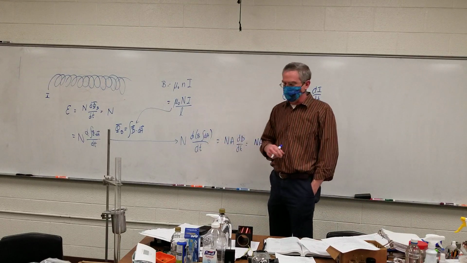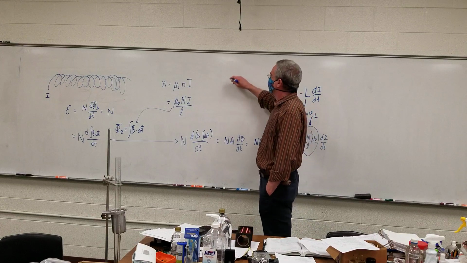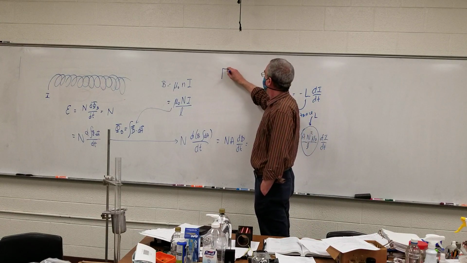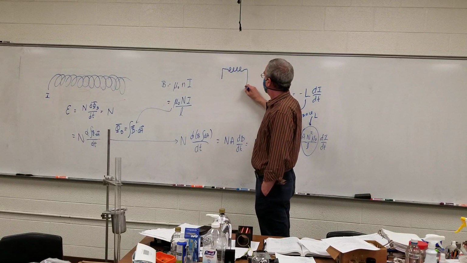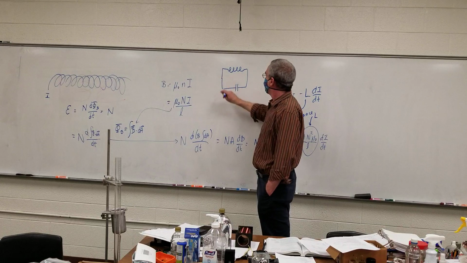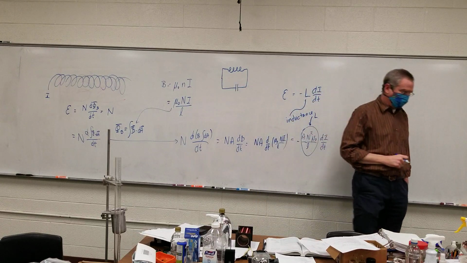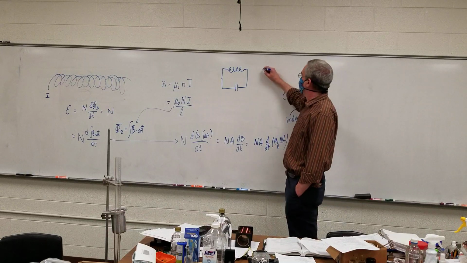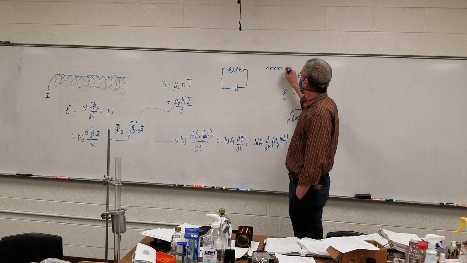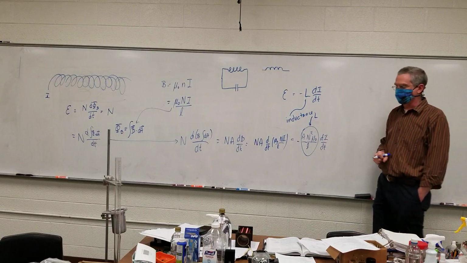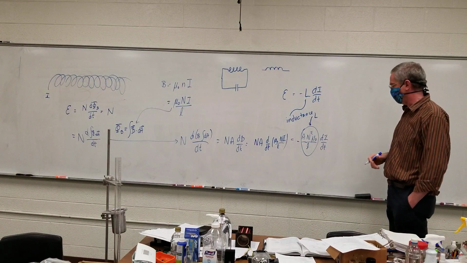So let's take a look at what physicists like to think of as an interesting circuit. Now, I do my inductors with a bunch of loops like that. I've also seen some inductors done looking more like that, kind of like a transformer, or half of a transformer.